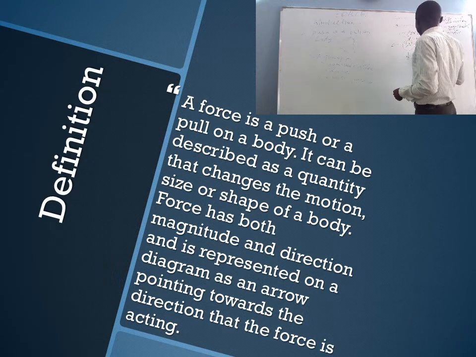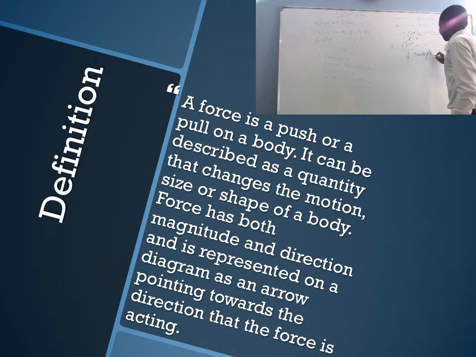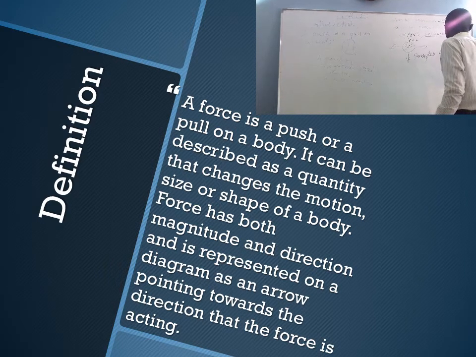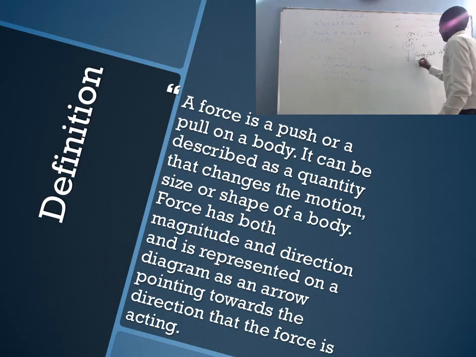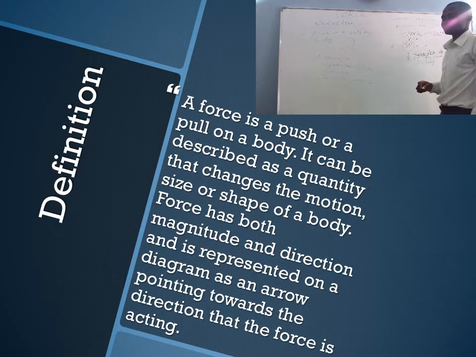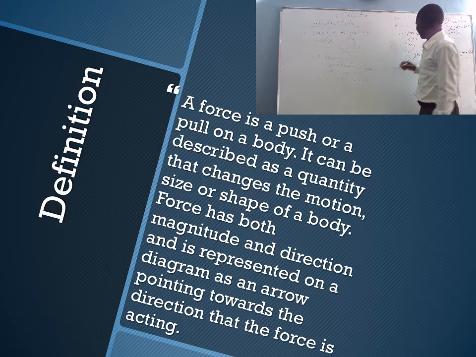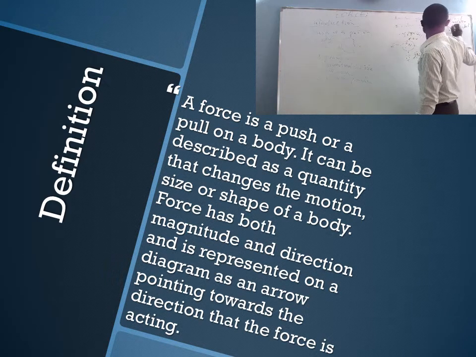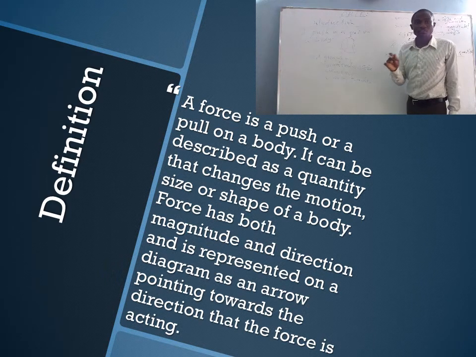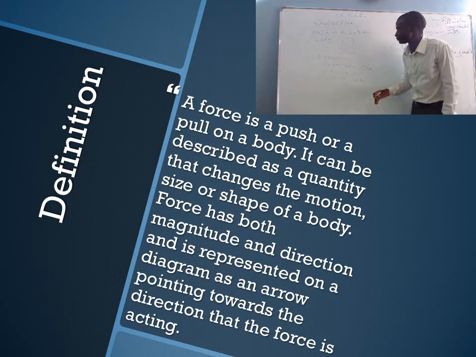Examples of scalar quantities include density. The density of an object only describes the magnitude of that quantity, but not the direction.